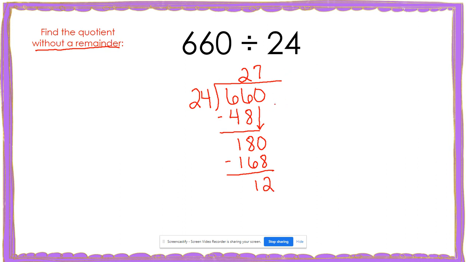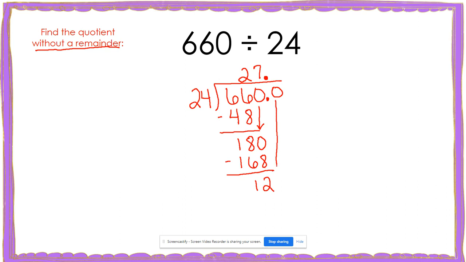Now, there's nothing left for me to bring down, but my direction says that they want this without a remainder. So I can always add a decimal, and if I add a decimal in my dividend, I need to add a decimal in my quotient. Once I add a decimal, I can add a 0 because that 0 does not change the value of 660.